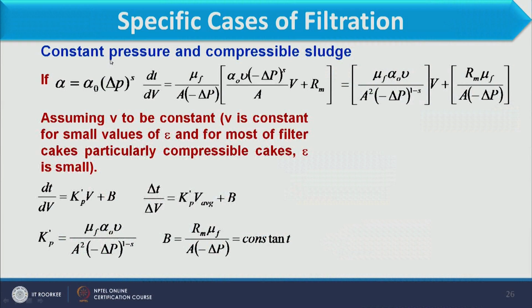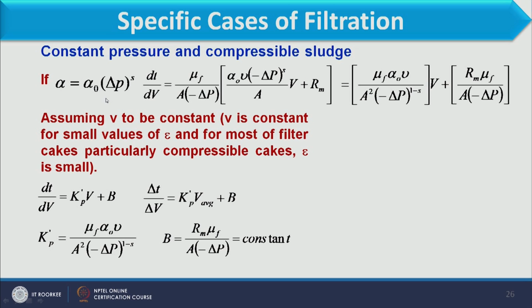Now the third condition we have is constant pressure and compressible sludge. For compressible sludge, alpha should not be a constant, it will be a function.